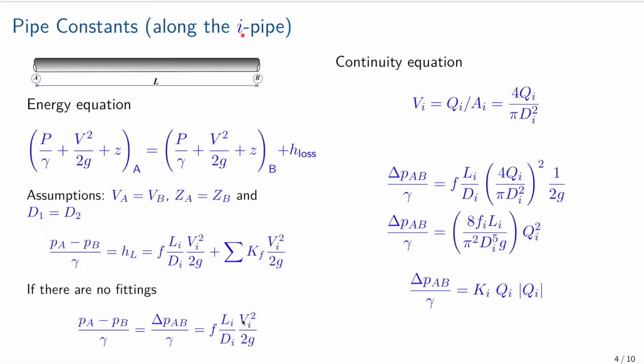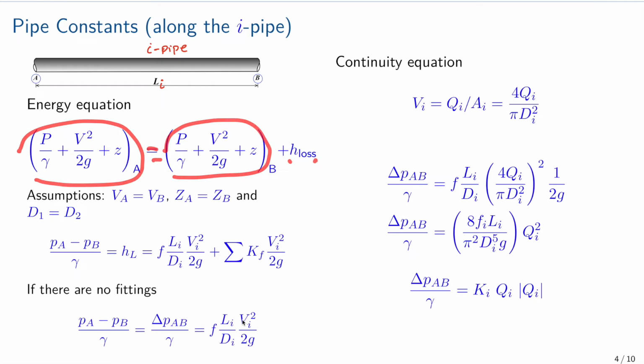This is the I pipe, any generic I pipe of the many that we are going to have in our network. The energy equation for a pipe is: the energy at A is equal to the energy at B plus the loss.